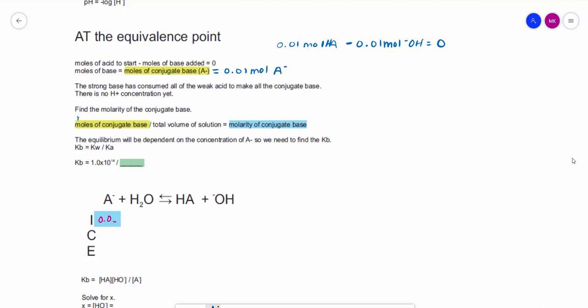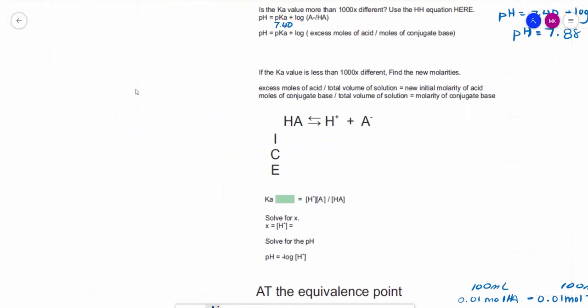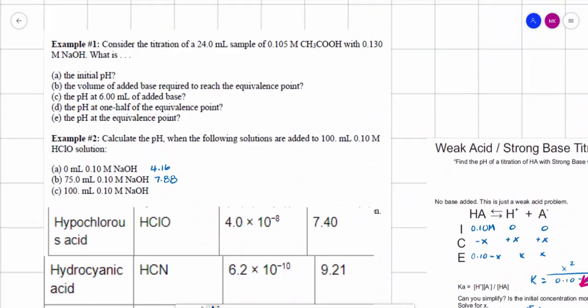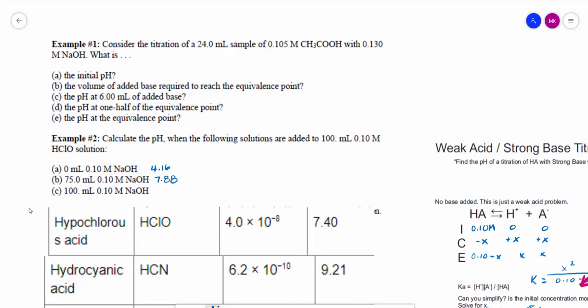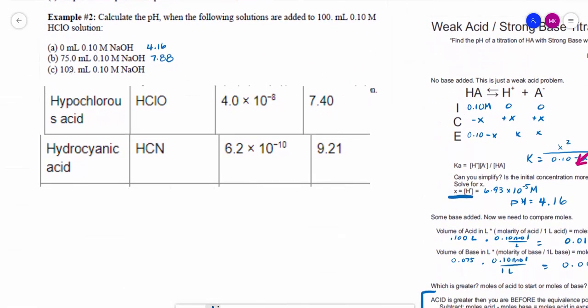And see how I highlighted that in yellow? Because I wanted that to go down here as well. What we need to do is find the new molarity, the new concentration of our conjugate base, the A minus. So we need the total volume of solution. Well, if we had 100 milliliters of each, and I need to verify that because all of a sudden that doesn't feel right. So we're working on number 2. 100 plus 100.